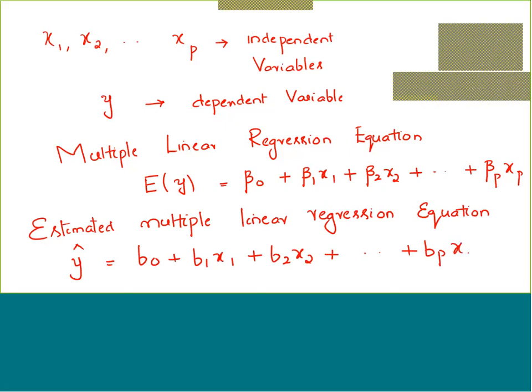For a given sample of observations of x1, x2 and so on, xp and y, we will calculate b0, b1 and so on, bp.